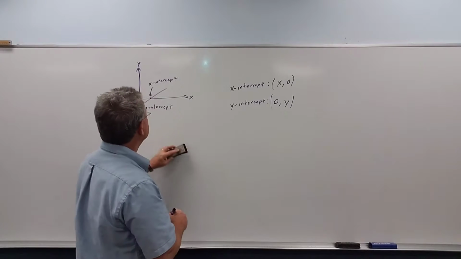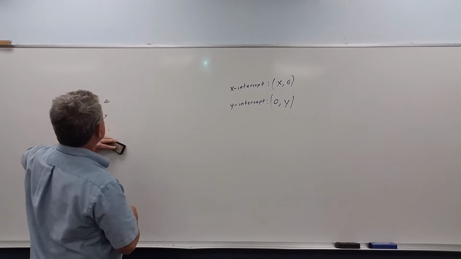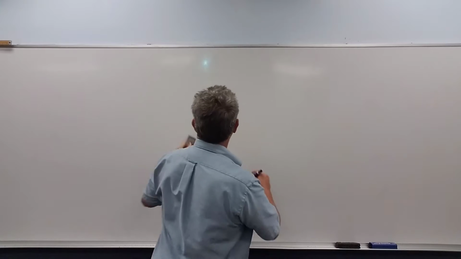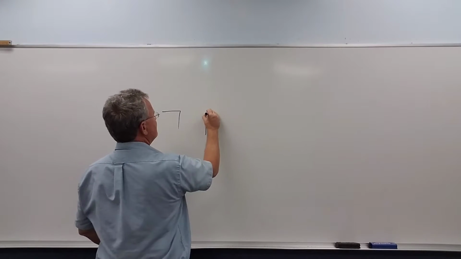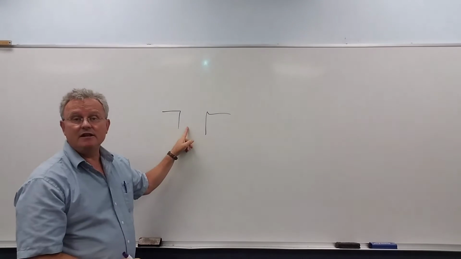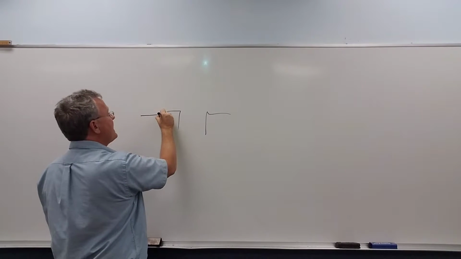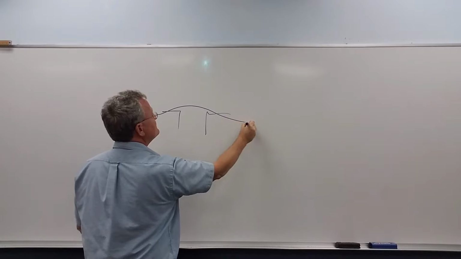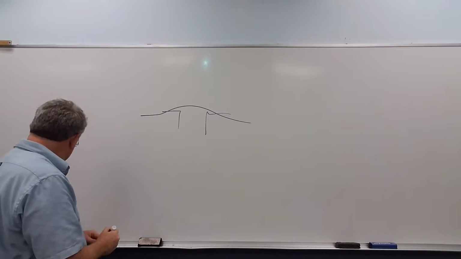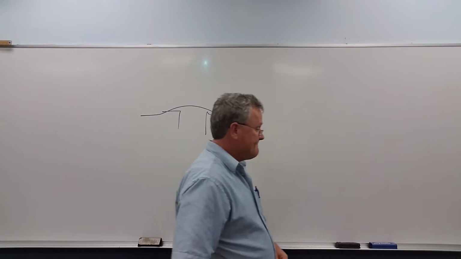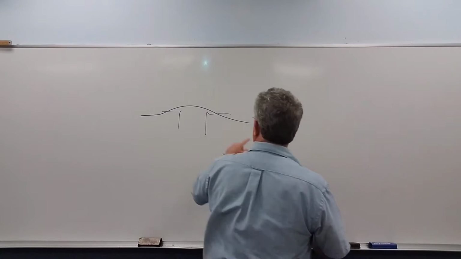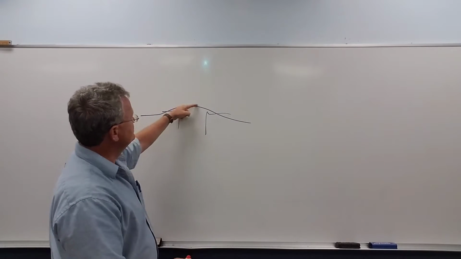Well, let's explain here. Let's say we have a ravine here that engineers are going to build a bridge over. And they have some bridge here, like this, and they need to build a bridge over that. So this right here is the bridge.